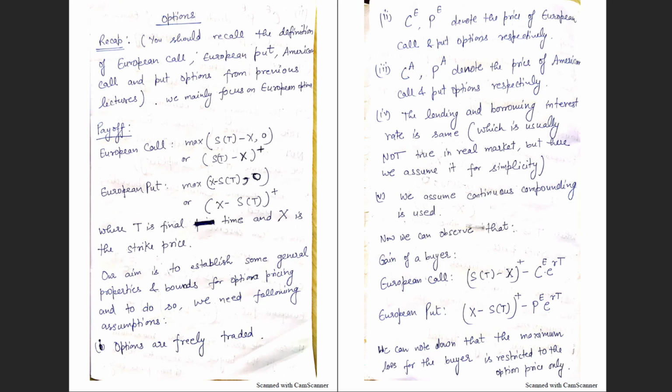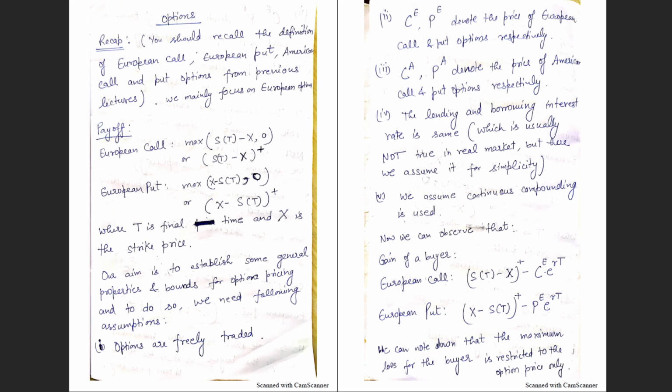Because he has paid a premium of CE, so over the time it has become CE e to the power rT because continuous compounding is used. So whatever he is getting at the end of the time, and he has paid this much amount, CE e to the power rT, the total profit or total gain should be calculated by subtracting these two amounts, and the same for the put option.